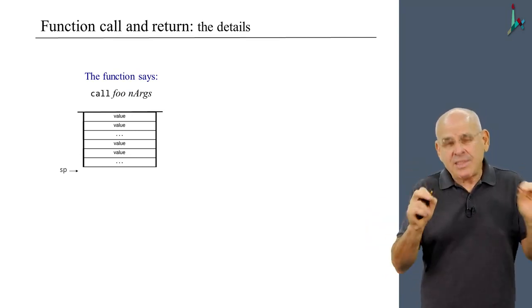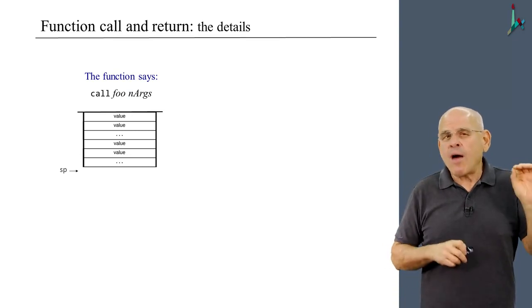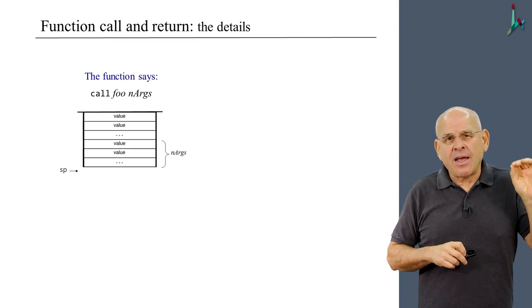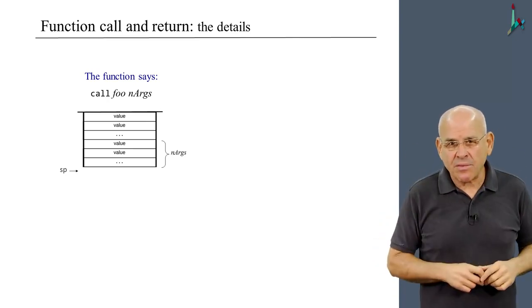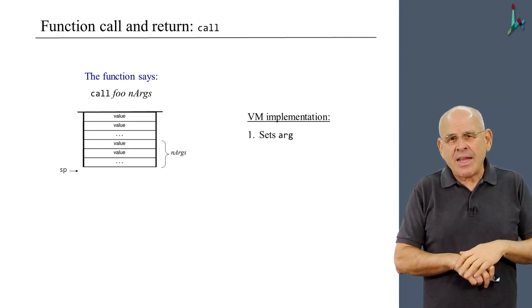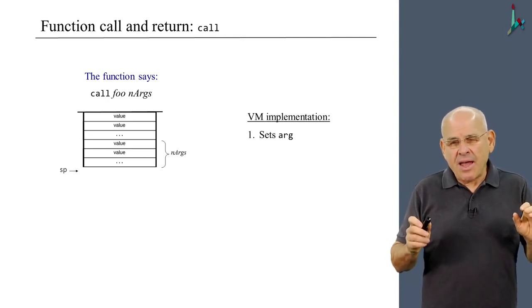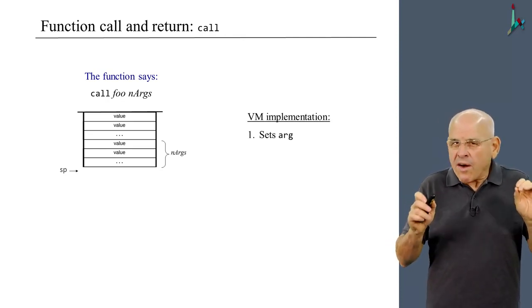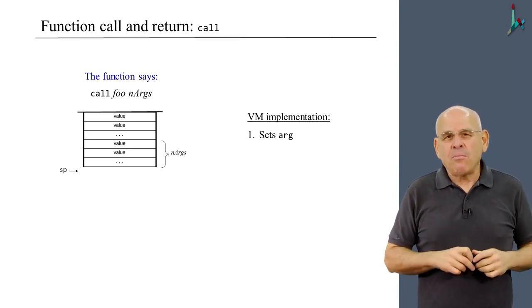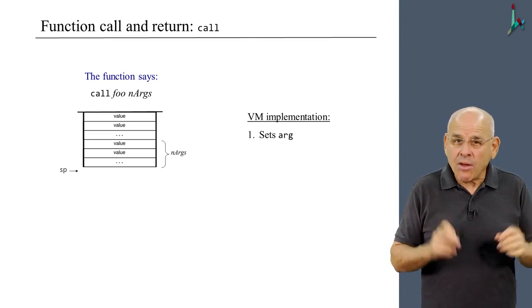Well, once I see this command, I know how many arguments were pushed onto the stack, and it may be so many arguments, and I call it by the variable n-arg. And at this point, I know where I can set the arg pointer. Remember the segment pointer arg?